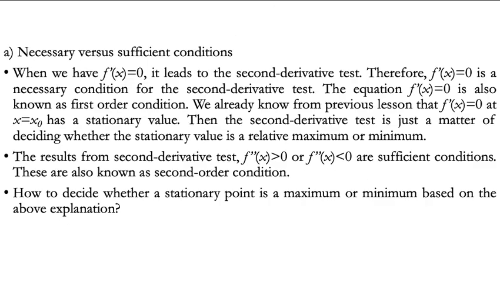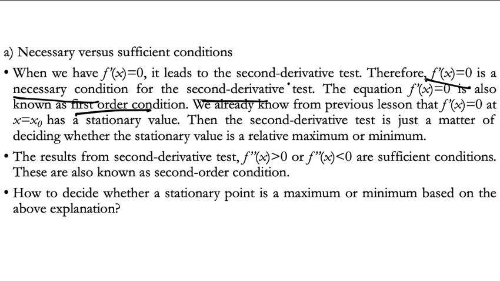When we have f prime x equals 0, it leads to the second derivative test, because if we don't do it, we don't know whether it is a relative maximum or minimum.